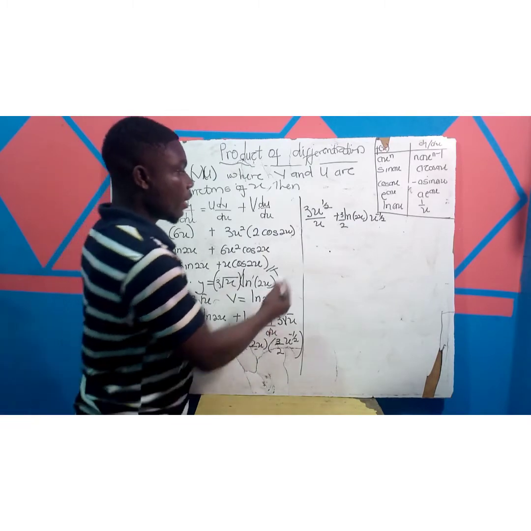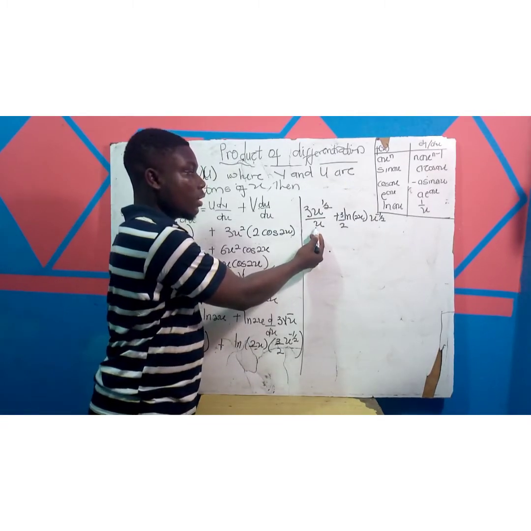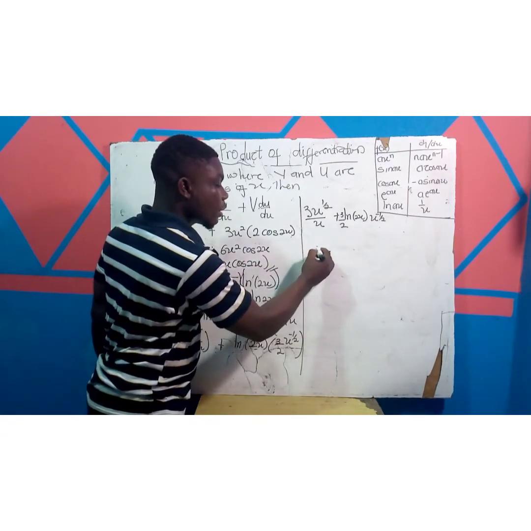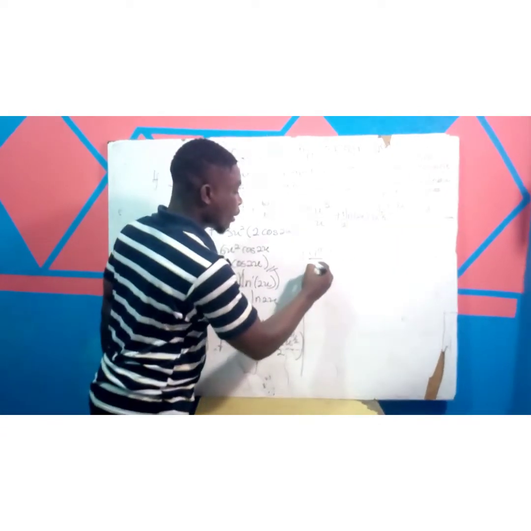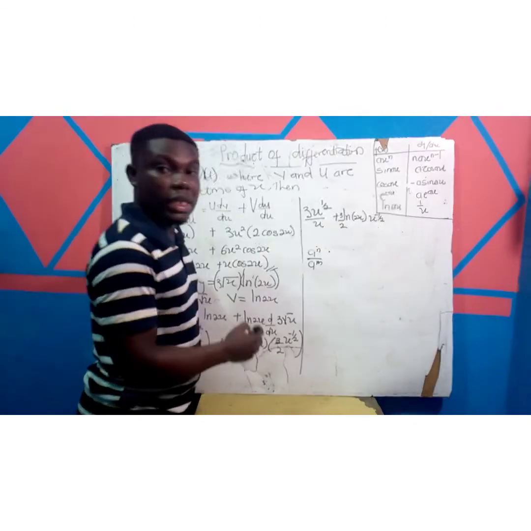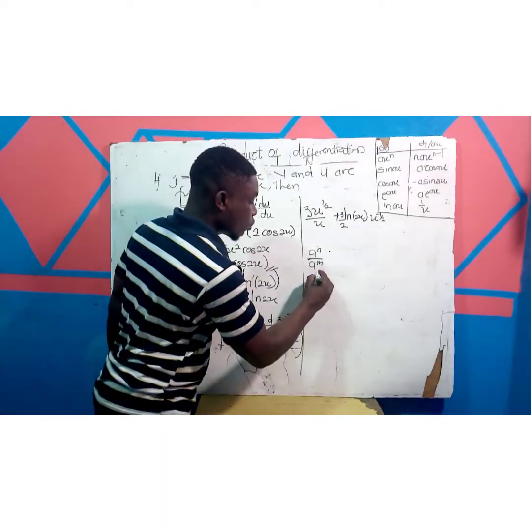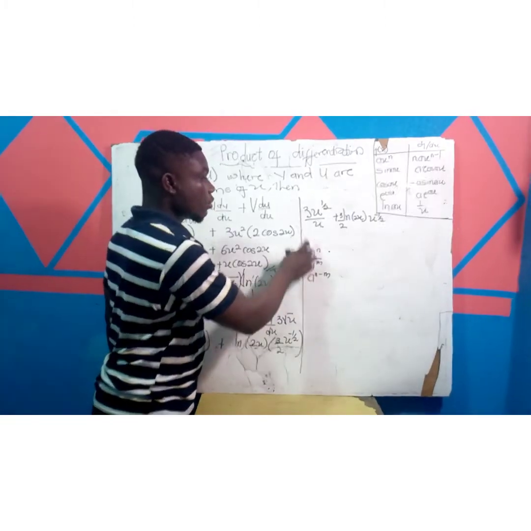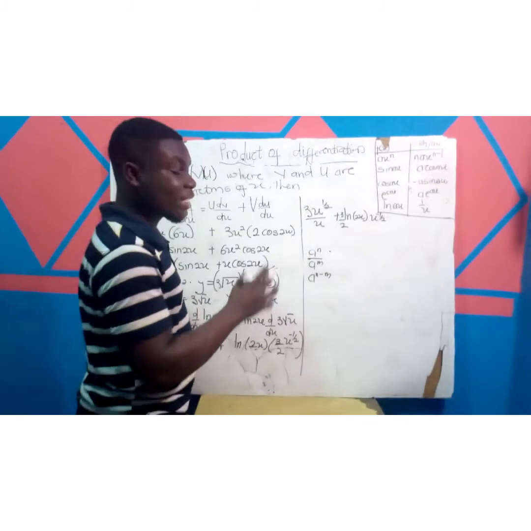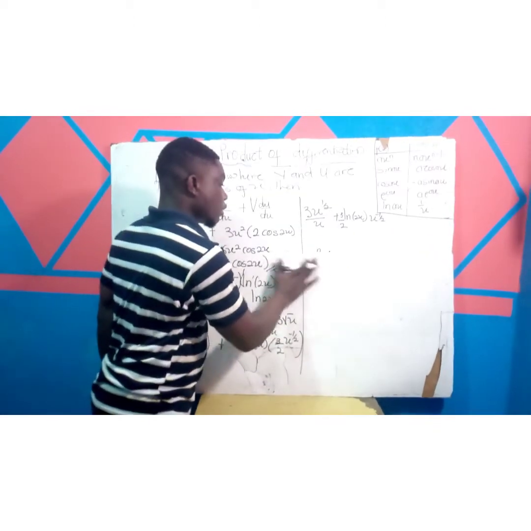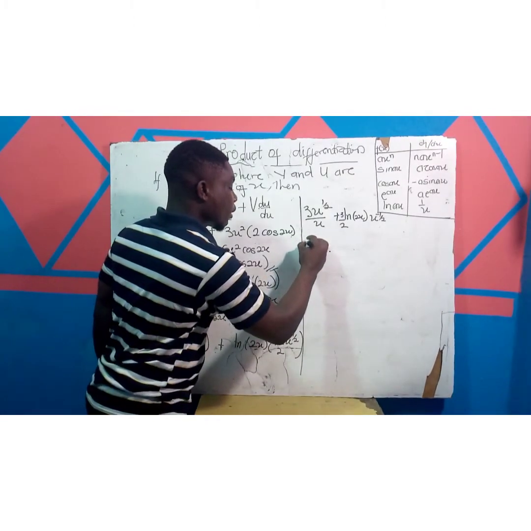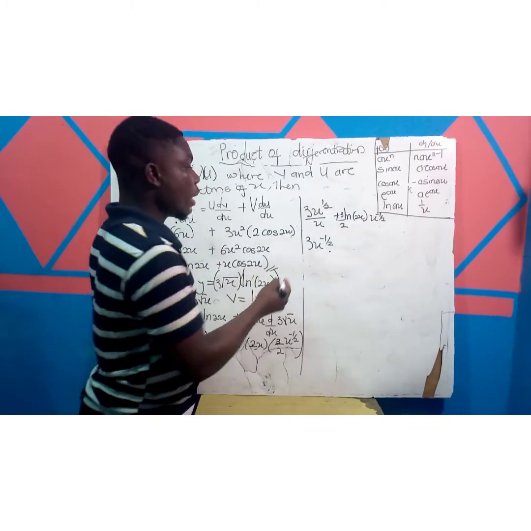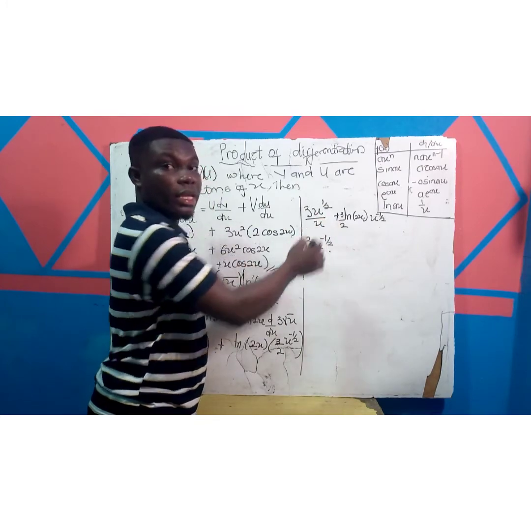If you remember from indices, assume you have a exponent n over a exponent n, in indices form, a is equal to n minus n. So from that, we can change this into a simple form. In simplest form, we will say 3x exponent negative half, because the exponent of x here is 1.